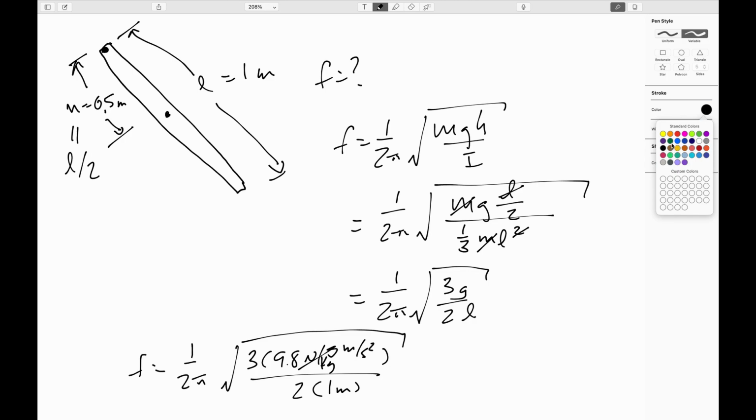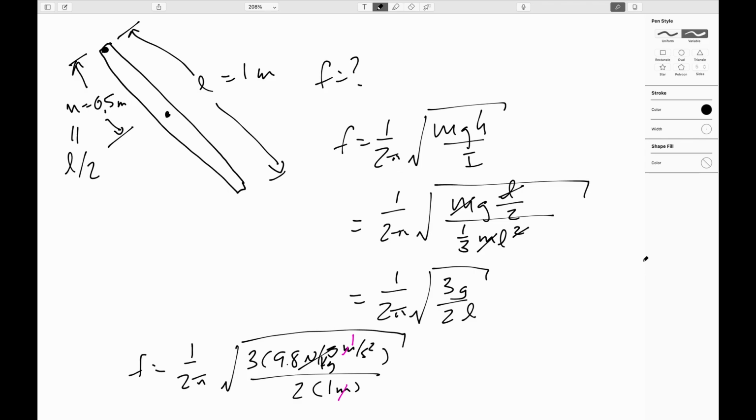Check the units: when I cancel the meters, I leave behind 1 over second squared. Taking the square root of 1 over second squared gives 1 over seconds, which is hertz, exactly what I want for my unit of frequency here.